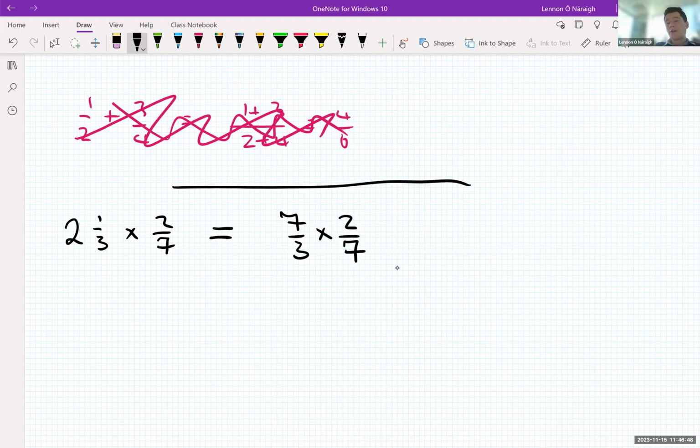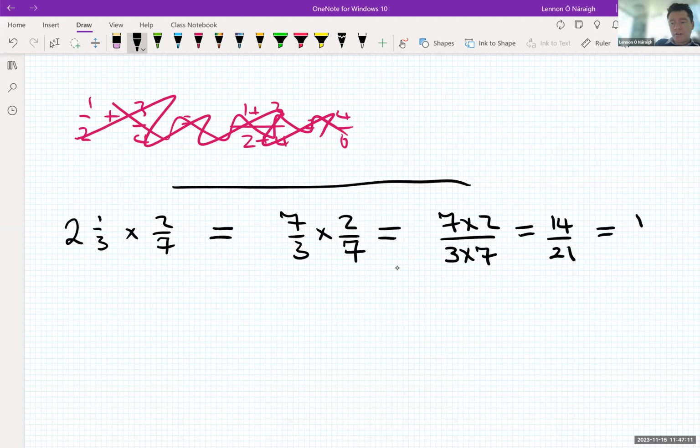Now, when it comes to multiplying, you multiply the upstairs and the downstairs. That's fine and well to do for multiplication. So this would be 7 times 2 over 3 times 7. So 14/21, which is 2/3, because 7 divides into the top and the bottom. So the answer here is 2/3.